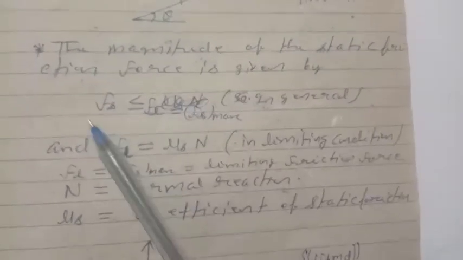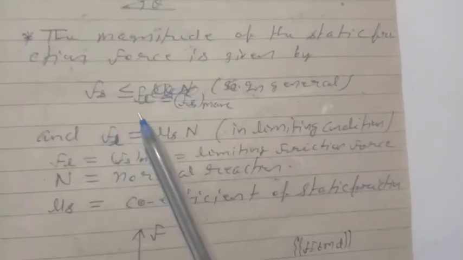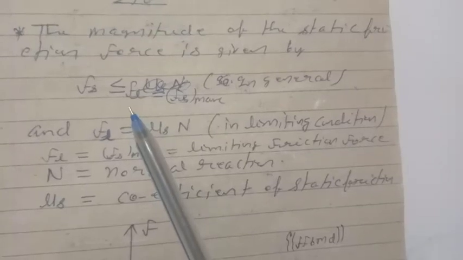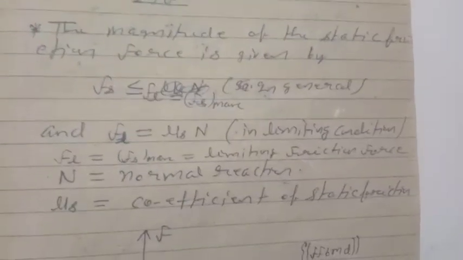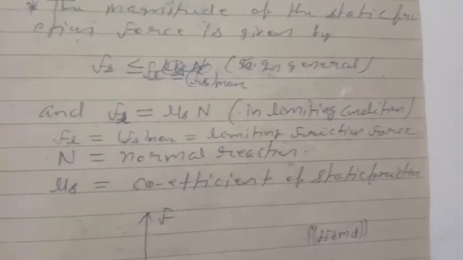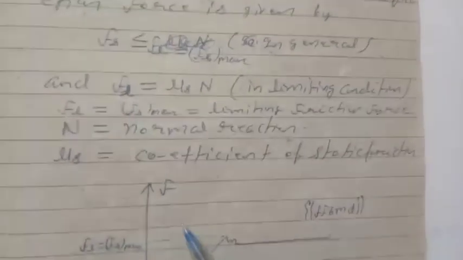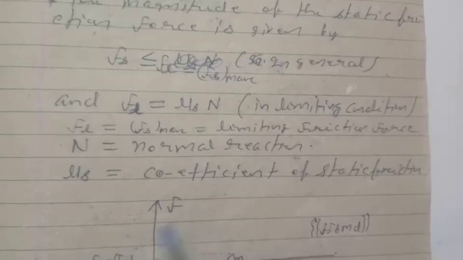So this is the condition, because static friction is always less than or equal to the limiting friction, that is, the maximum static friction. We know that friction force is self-adjustable, as we have earlier discussed. So this is the condition for this situation.